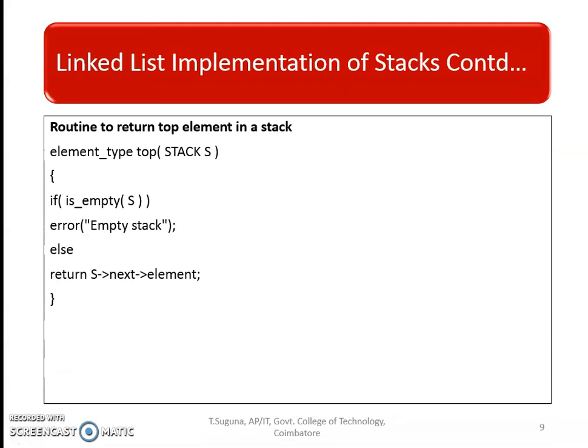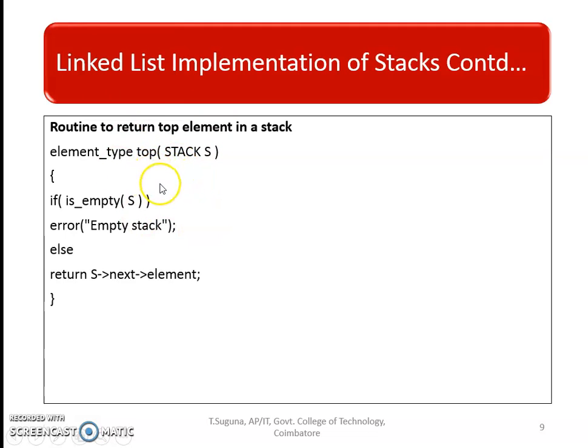Next, routine to pop an element or return the top element from the stack. Here we are going to return the data type held by the structure, whether it may be integer, character or string, whatever it may be. Here we are passing the stack pointer, and as I already told you, to do a pop operation we need to check whether it is an empty stack or not, and one more condition is also used for top, checking the top condition to return the top value of a stack.